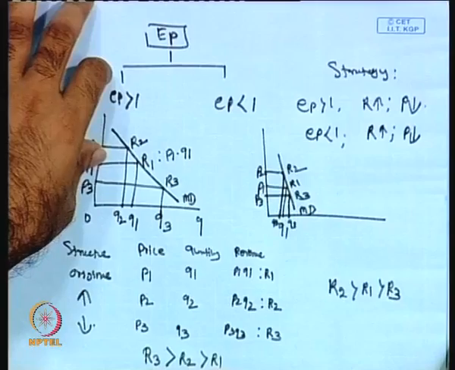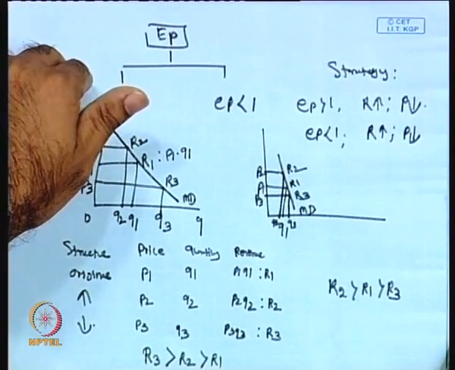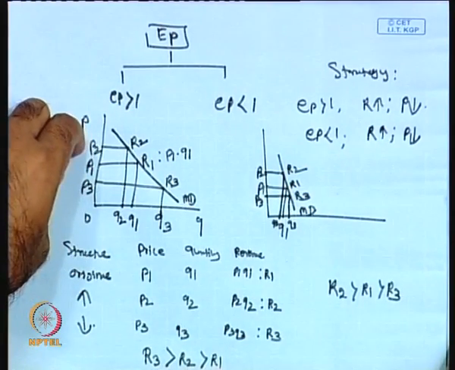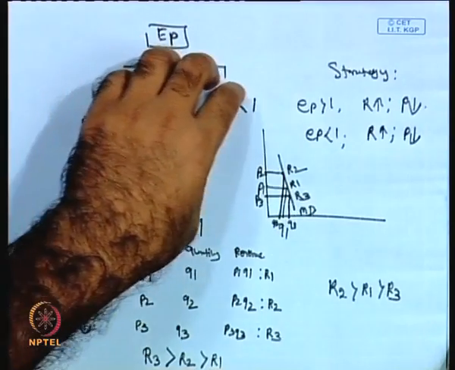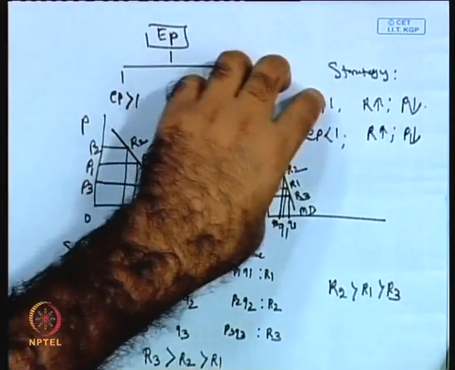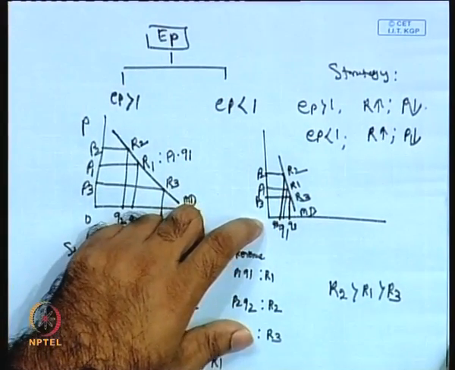To transfer a loss-making unit to a profit-making unit, we need the appropriate price policy. So price is a tool here to transfer this loss-making organization to a profit-making organization.